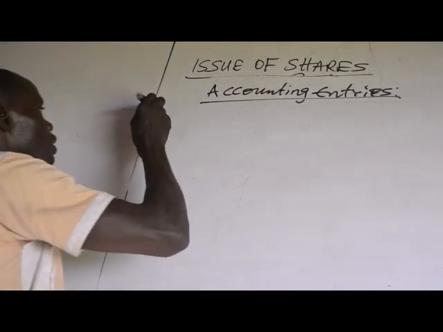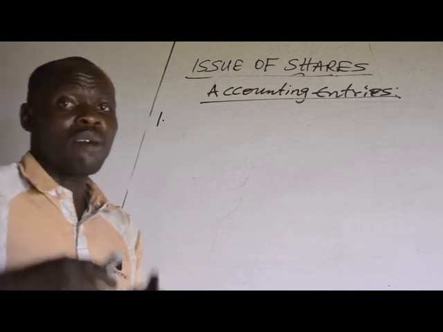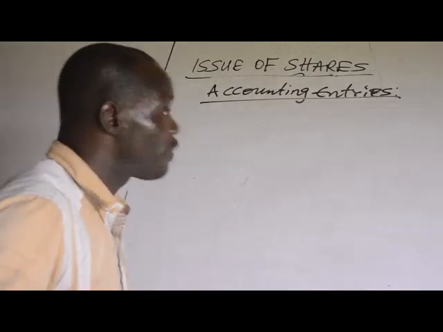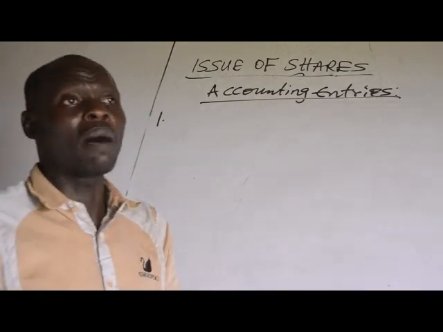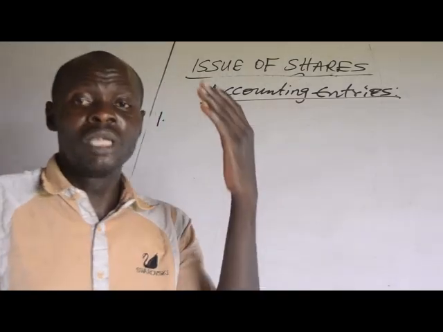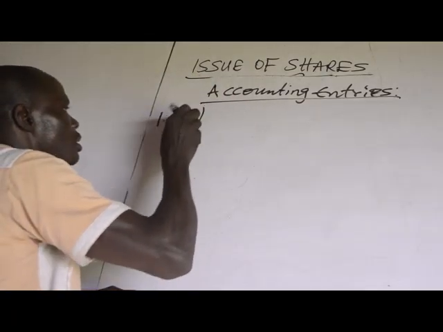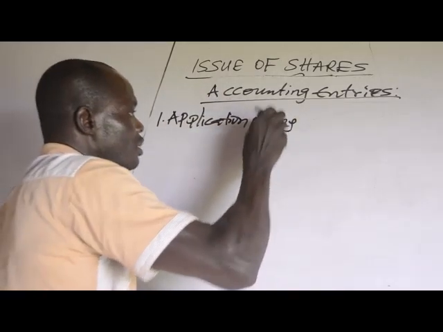Now, number 1, when a company advertises for shares, I told you that they will start receiving applications from the applicants. Applicants will be the ones that will pay money to the company, and the company will receive the money through their bank account. So, application money received.